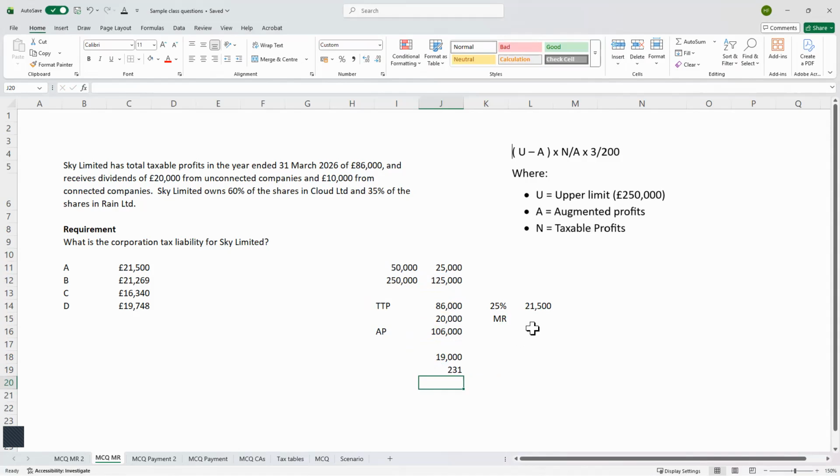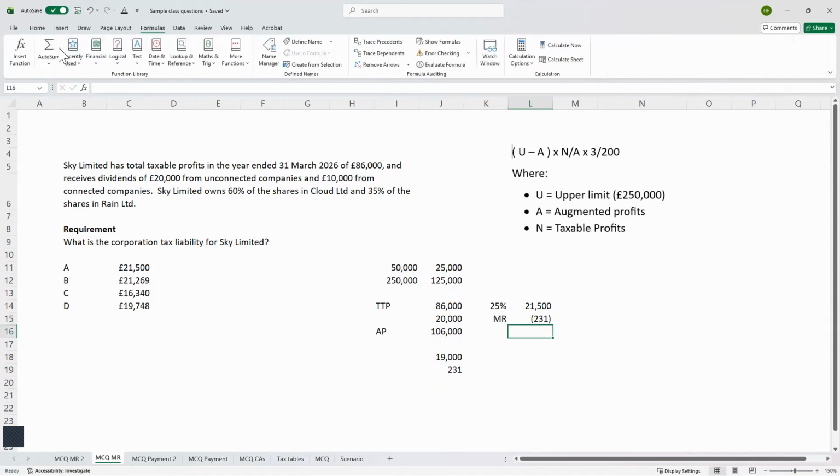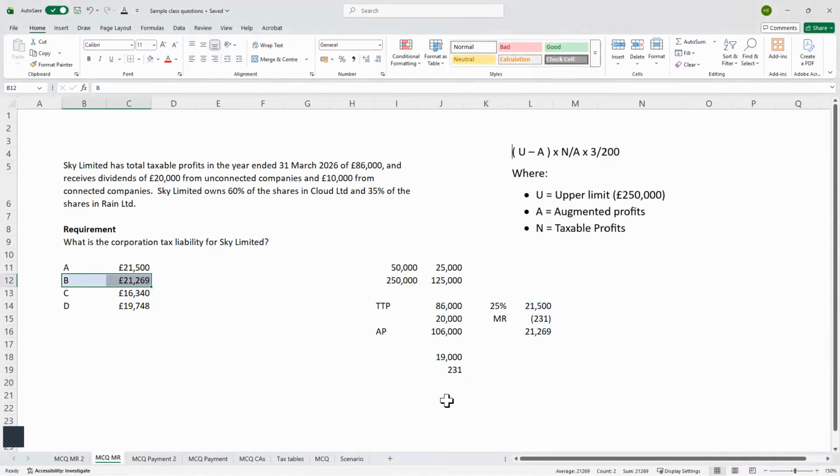So that gives us marginal relief of £231. So if we deduct £231 from the tax payable at 25%, that gives us tax payable for Sky Limited of £21,269, which is answer B. So when you're doing these marginal relief questions, always making sure you prorate the limits for the number of associated companies and also any short accounting periods.